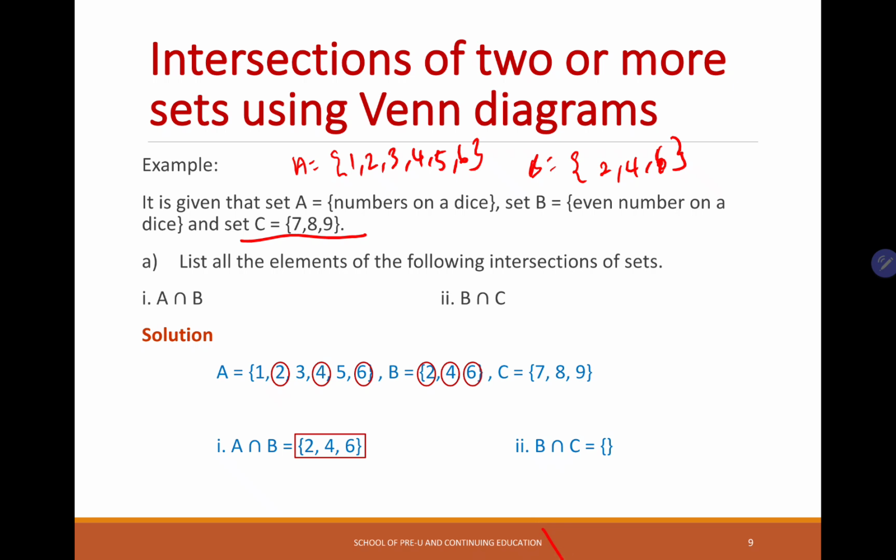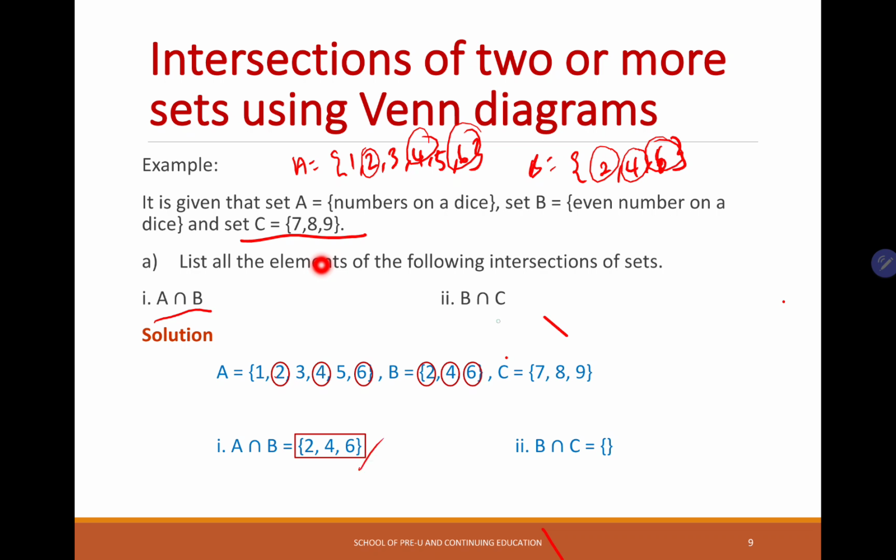And set C is given here. List all the elements of the following intersections of sets. We want to find A intersect with B. B is these values, right? So for A intersect with B, we check A. Do we have 2? Yes. Do we have 4? Yes. Do we have 6? Yes. So A intersect with B is 2, 4, 6.